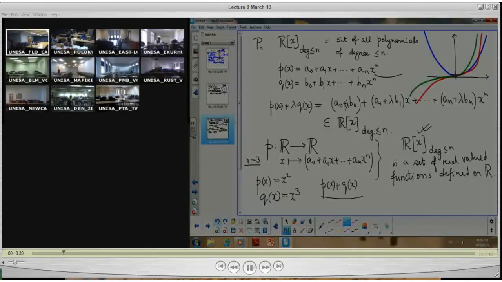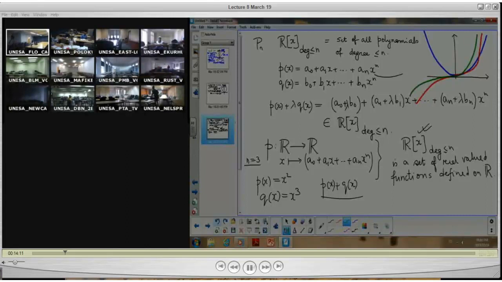You see, I'm trying to say a completely different thing over here. I'm not saying whether a particular graph is a subspace of R^2 or not. Here my vector space itself is completely different. Its elements are these individual graphs that I've drawn in blue, red and green. And I'm saying if you add them, it produces another graph.